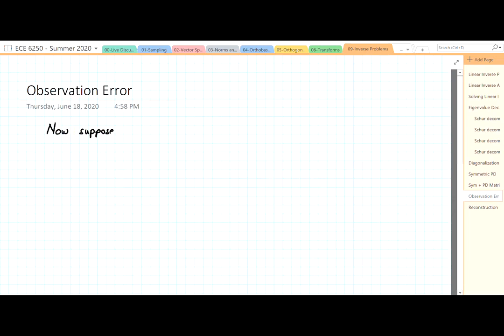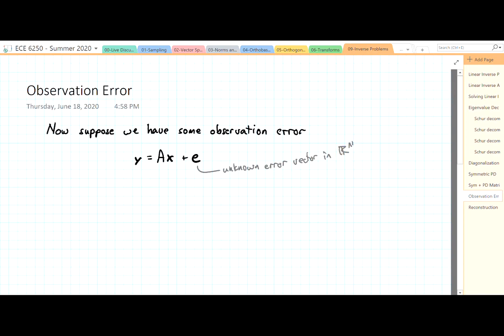So suppose we have some observation error, and this will look like y is equal to Ax plus some e. It's an unknown error vector in Rn.